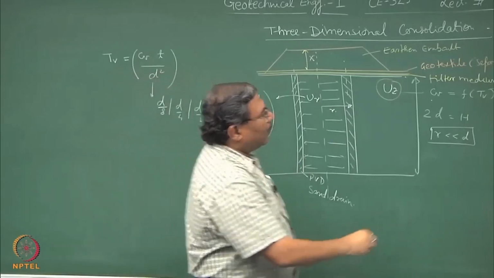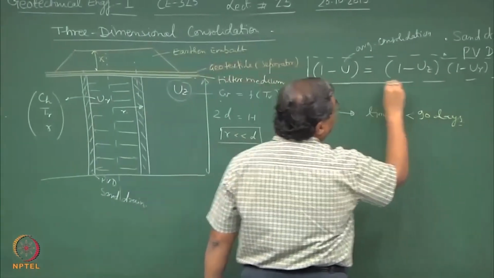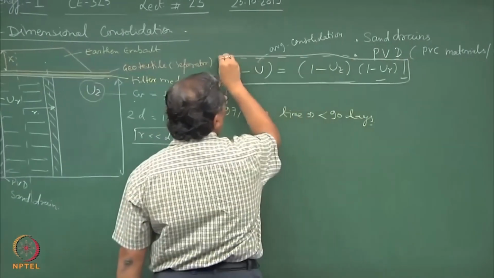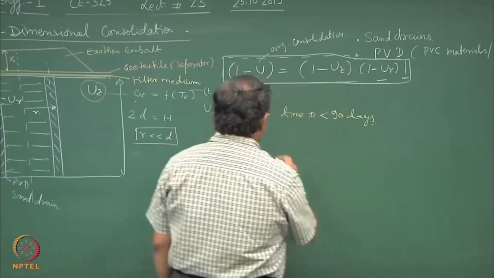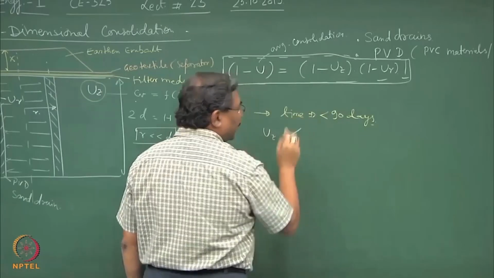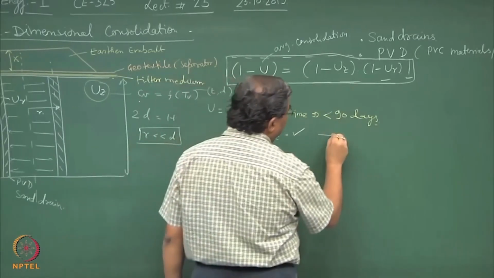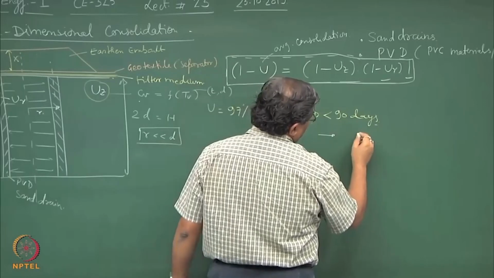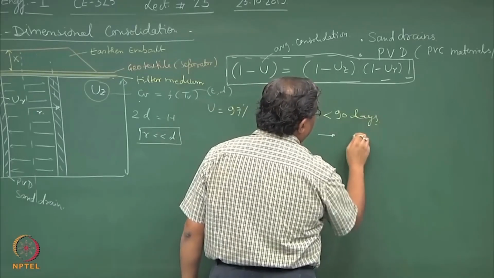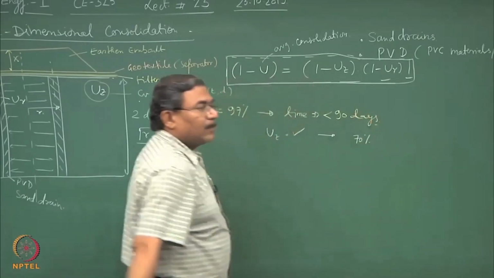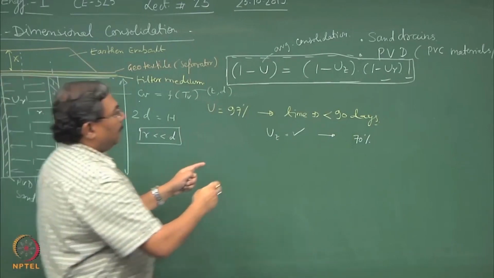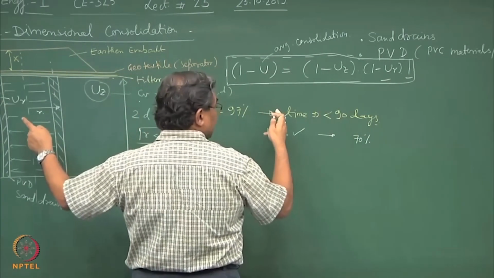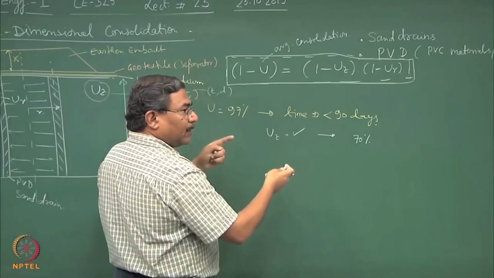And ultimately what governs the entire consolidation process is this equation. So, that means the moment I compute UZ, and suppose if I get some amount of settlement, let us say 60%, say 70% settlement I am getting, 30% which is remaining can be obtained by inserting these drains, or I can revert the problem also.